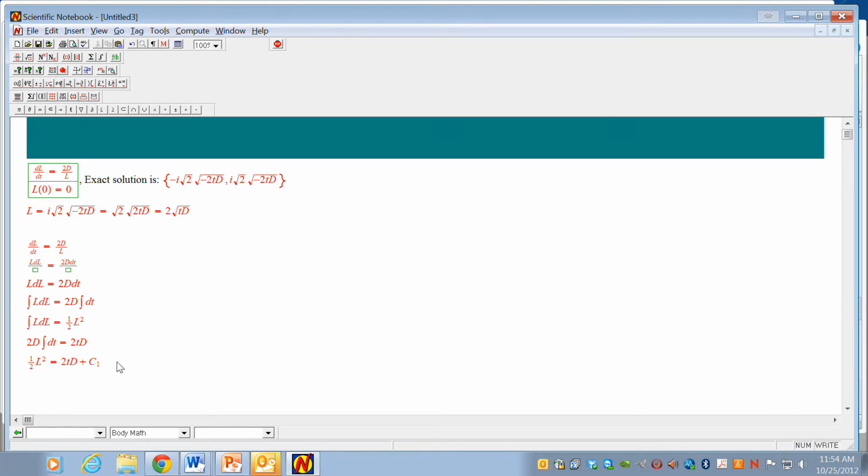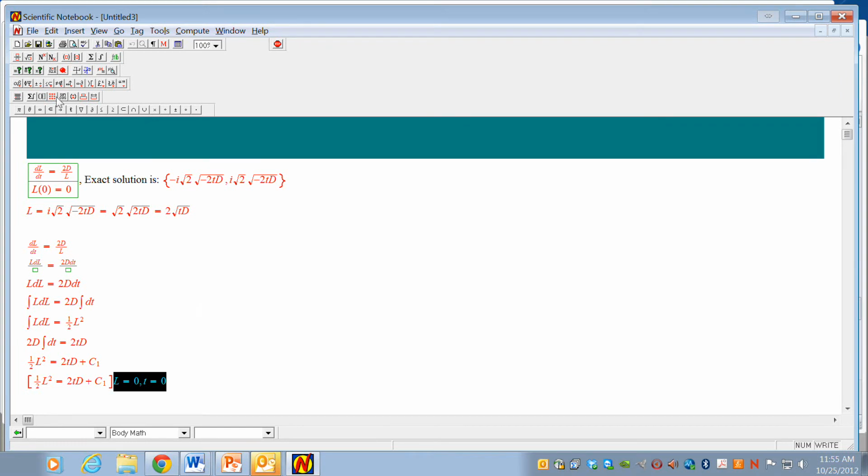Okay, so the procedure now is to use the initial condition that L is equal to 0 at time equals 0. And we'll use that to solve for the constant. The procedure that we used in the previous video was to put it in square brackets and substitute in the condition that L equals 0 at t equals 0.